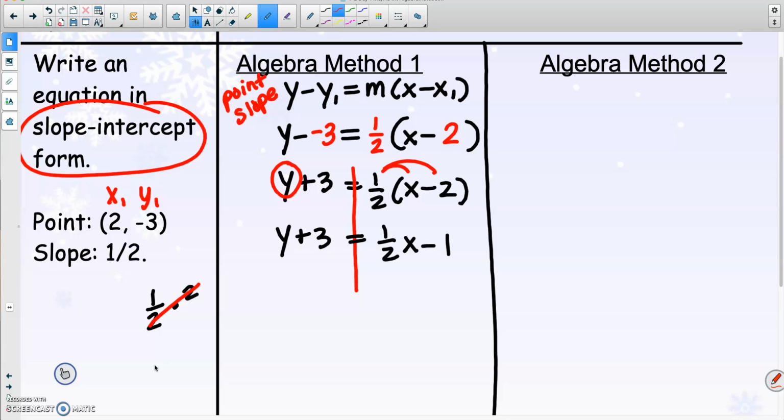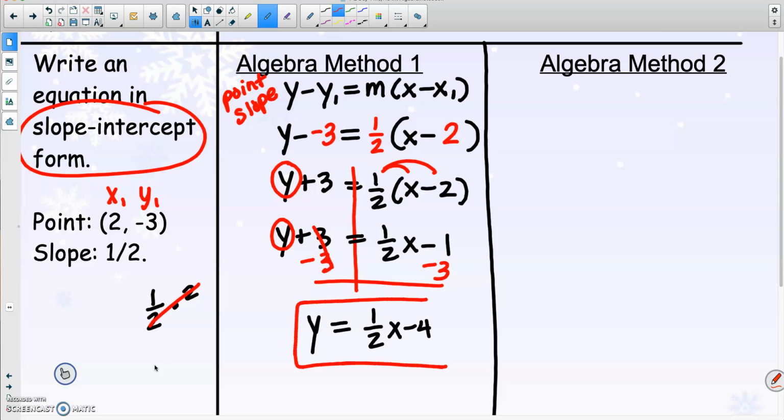So half of 2 is just 1. And then I'm getting y by itself, so I would have to subtract 3 on both sides. So y equals 1/2 x minus 4. So that's my answer in slope-intercept form for the line through the point 2, -3 with a slope of 1/2.